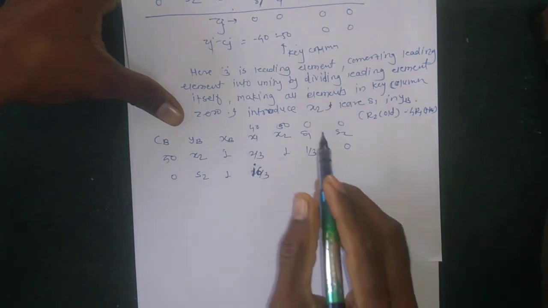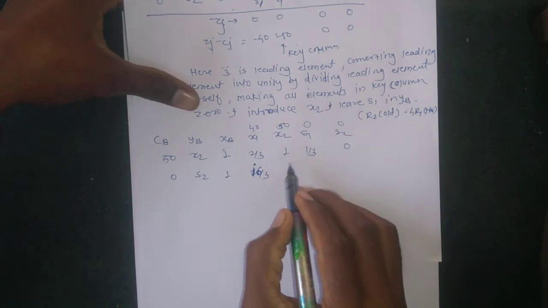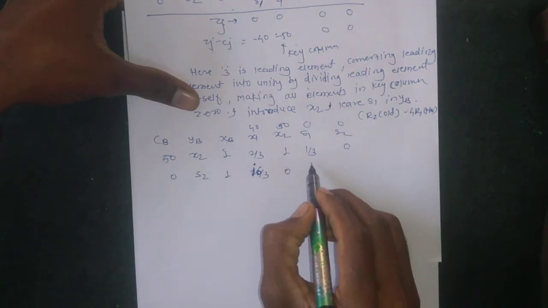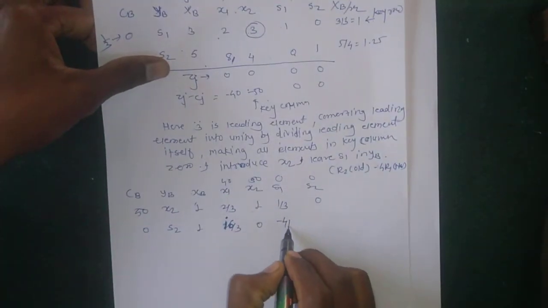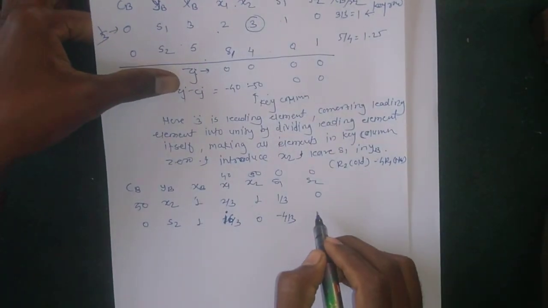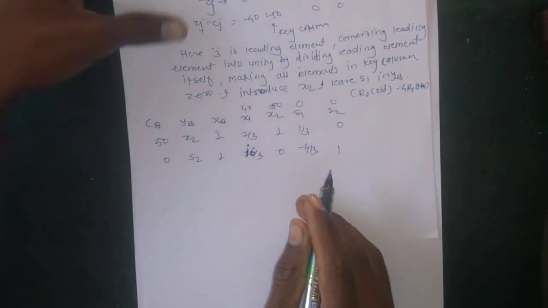Okay, 24 minus 8 is 16, divided by 3. Then 4 minus 4 is 0. Here 0 minus 4 by 3 is minus 4 by 3, and lastly 1 minus 0 is 1.